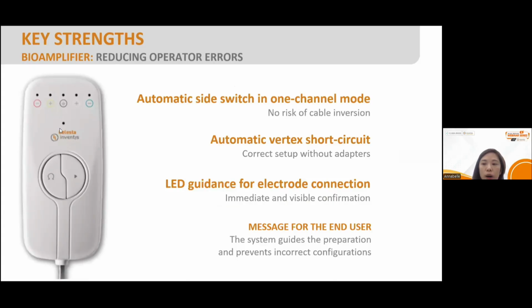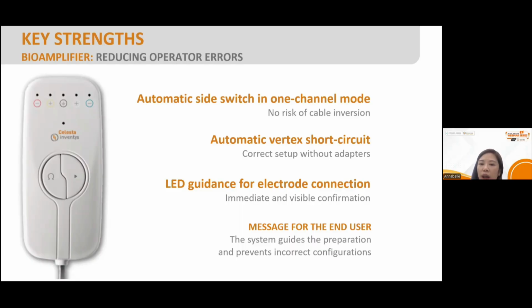Okay, so we also have the automatic side switch, one channel mode. What this really helps with is, for some cases, you're helping a young kid to check maybe the ABR, and then you have to turn off the light, right?